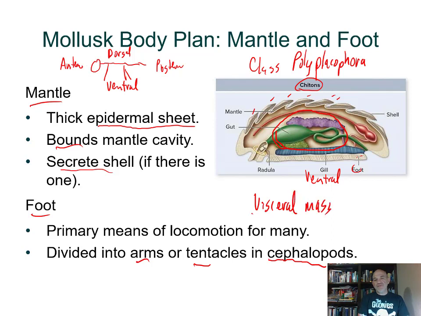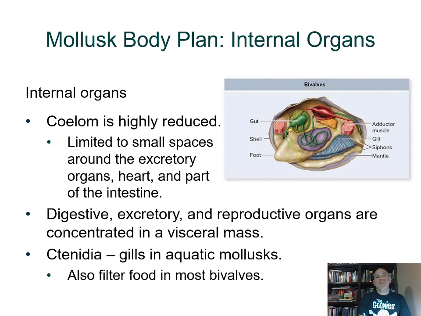And viscera means internal organs. So you can see part of this visceral mass includes digestive system and reproductive organs. Where the heart is back here, and some of the intestine passes through there, they're still part of the true body cavity that still remains. It's reduced in there. So that's what's mentioned here on this page, the internal organs.